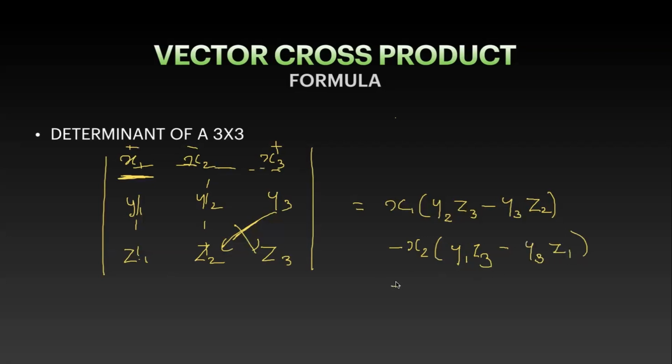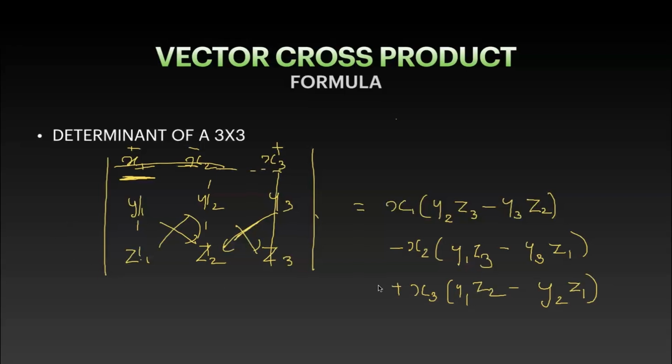Next, this is plus x3, forget about its row and column, and take y1 z2 minus y2 z1. This will give you the value of the determinant of a 3 by 3 matrix. Is this clear? Tell me. Remember this method or formula.